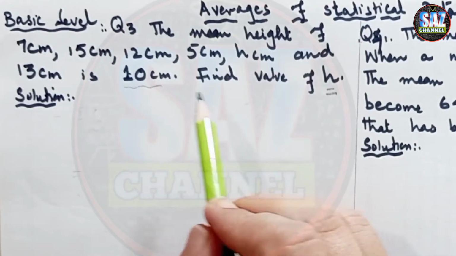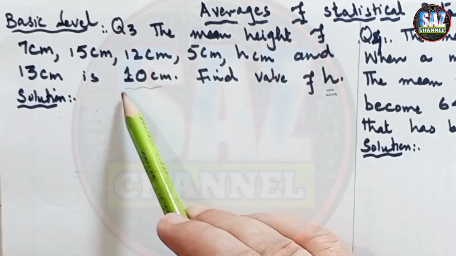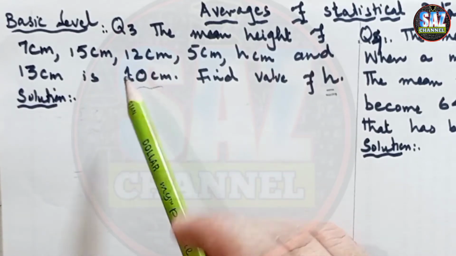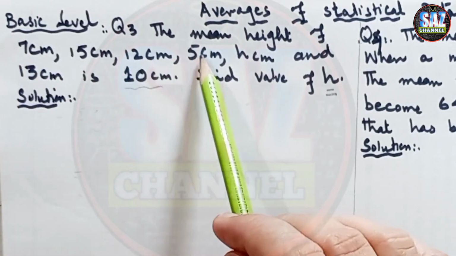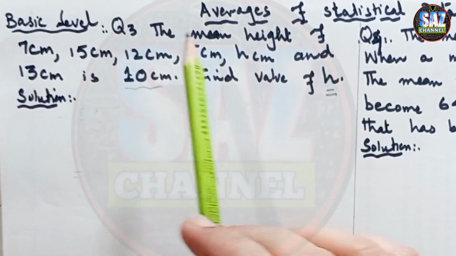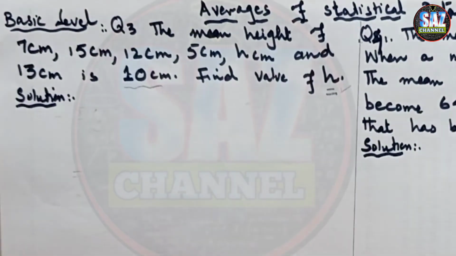So let's try to understand that 10 is the mean of these observations, and how many observations are there. 1, 2, 3, 4, 5 and 6 observations are with us, and we have to find the value of this unknown. Very easy question.